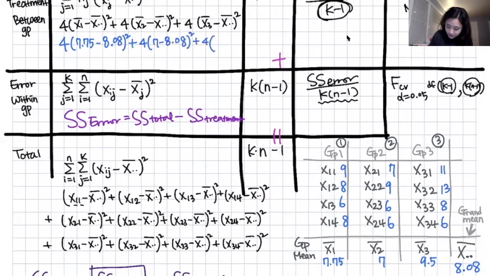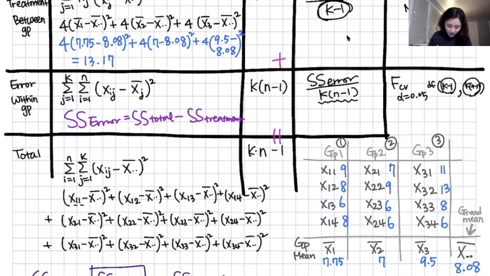Then 4 times 9.5 minus 8.08 squared. If I calculate it, my answer is 13.17. Rather than calculate the sum of squares error, I'm going to calculate the sum of squares total first.